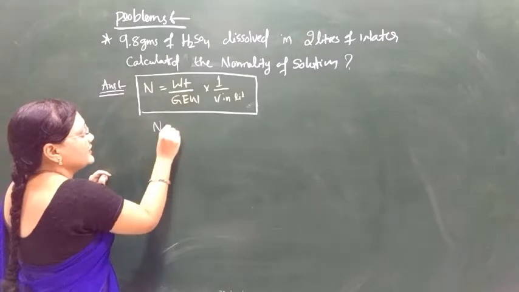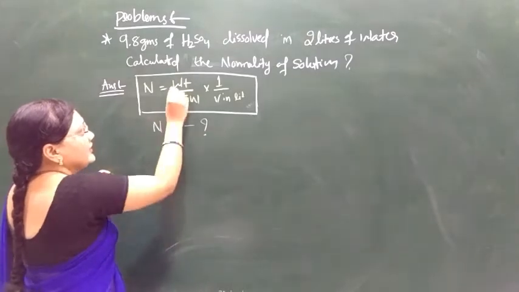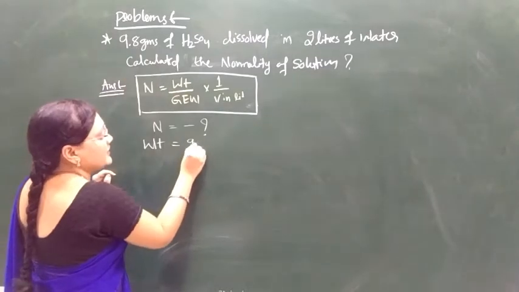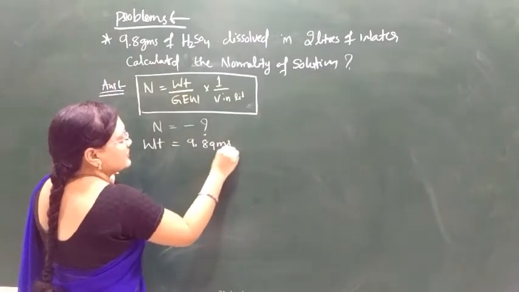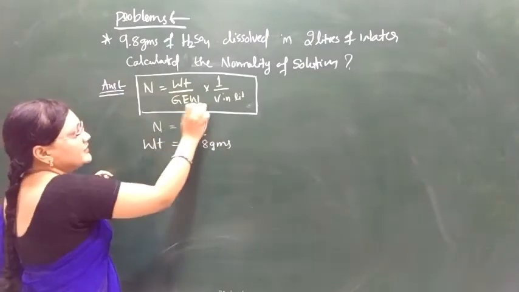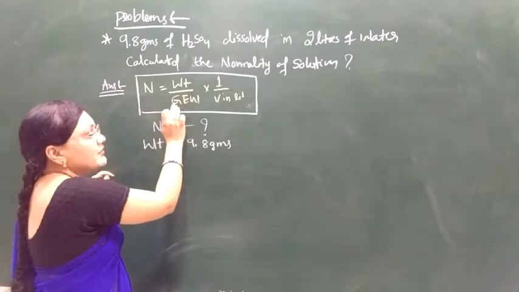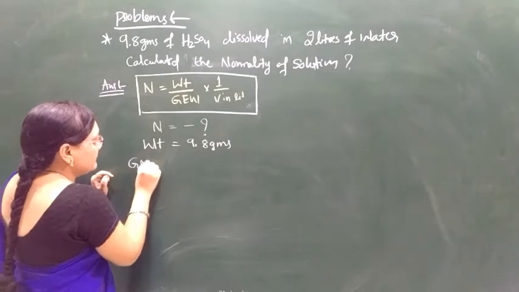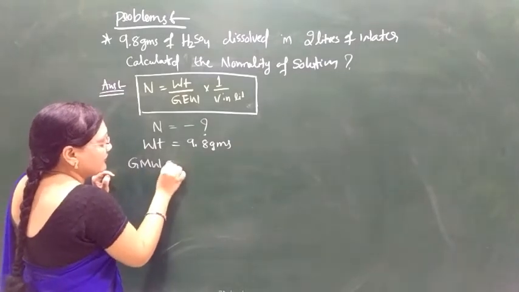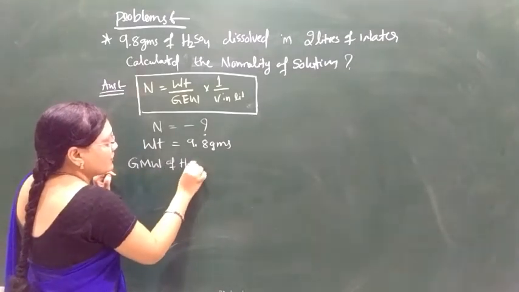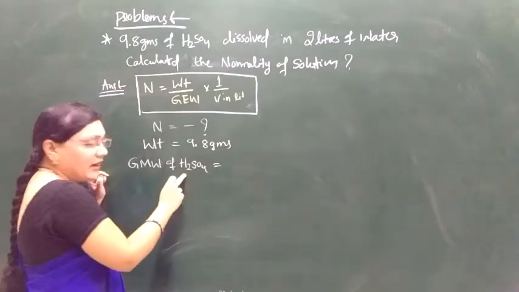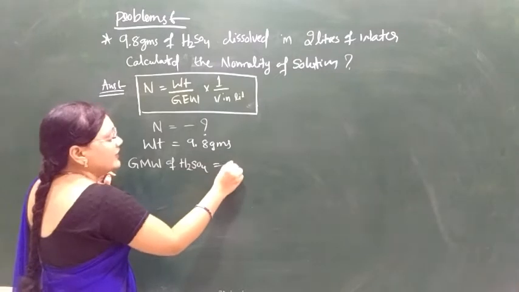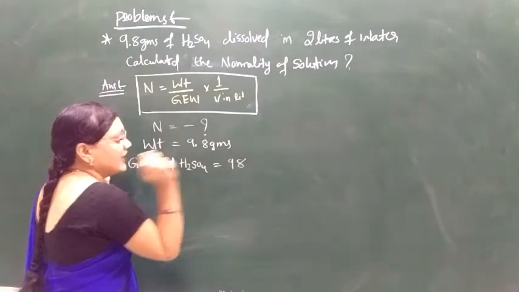Normality we don't know. Weight is 9.8 grams. GEW is gram equivalent weight, but first the gram molecular weight of H2SO4. H2SO4 is an acid, and its molecular weight is 98.